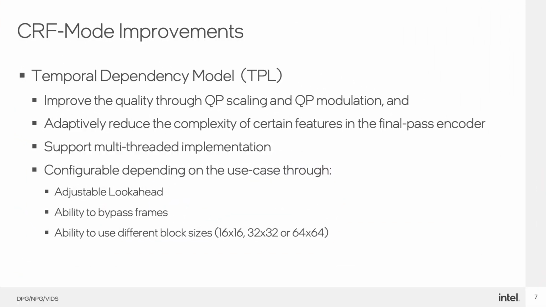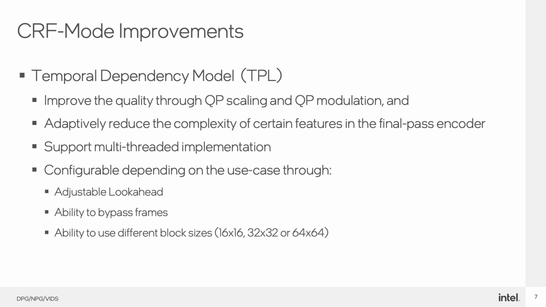Another major feature that noticeably improved the quality provided by the SVT-AV1 encoder is the temporal dependency model, or TPL, which is used to improve the quality through QP scaling and QP modulation.